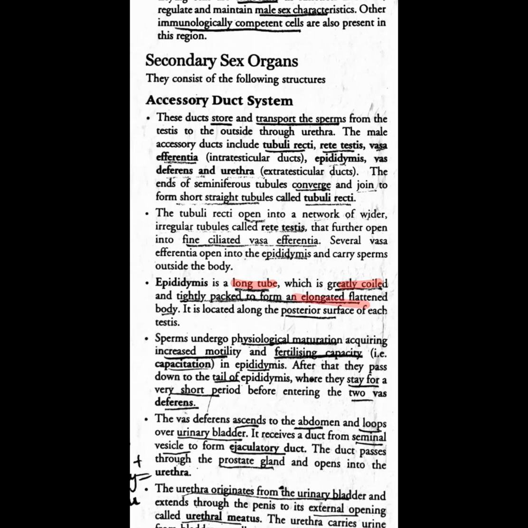The main function is making the sperms mature. So what does it do? It increases the motility of the sperms and increases the fertilizing capacity. So in short, they are involved in a process called capacitation. Capacitation means making the sperms mature for fertilization and motility. So this is done in the epididymis.